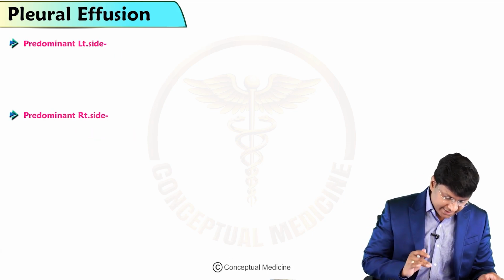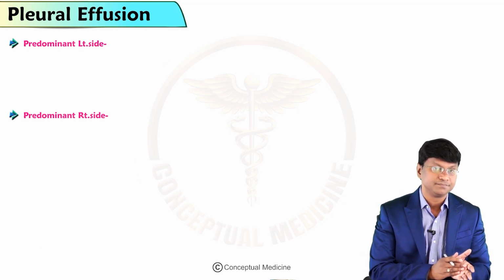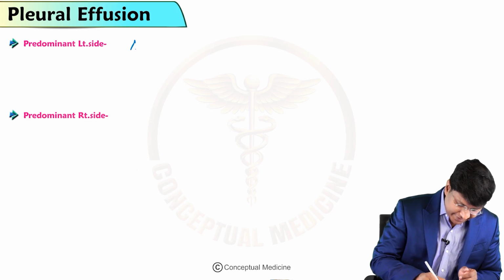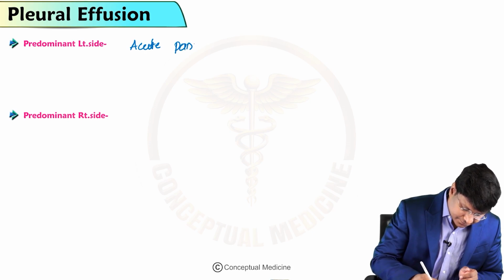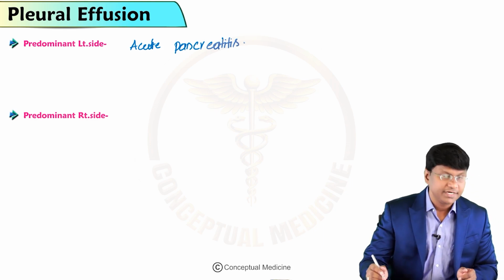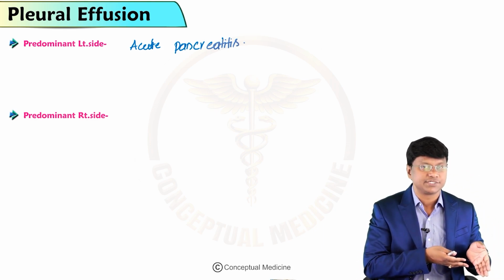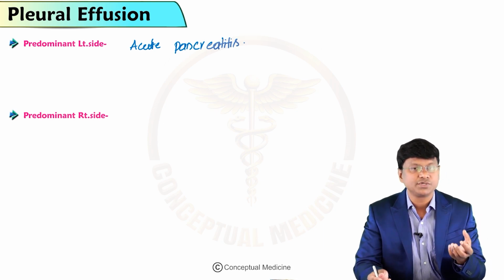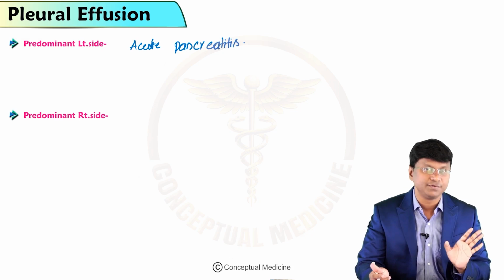The causes for predominantly left-sided pleural effusion include acute pancreatitis, and it is not difficult to remember, because your pancreas is a left-sided structure. So any inflammation of the pancreas can contribute to left-sided pleural effusion.